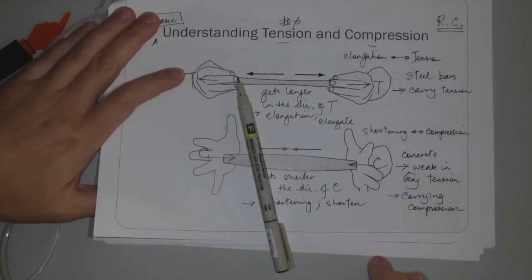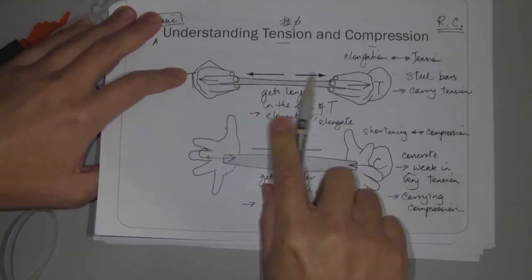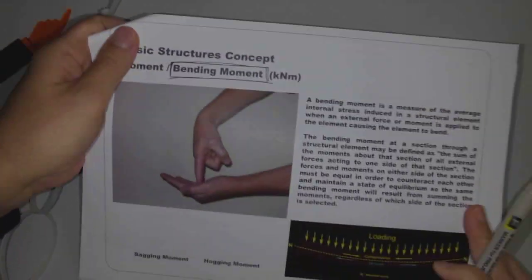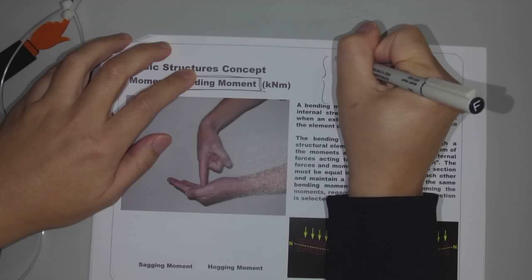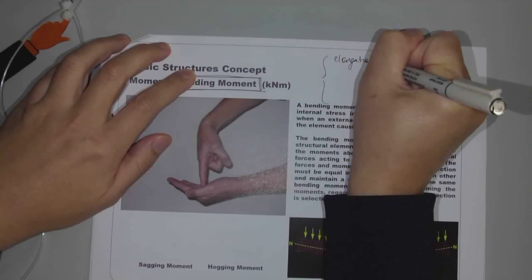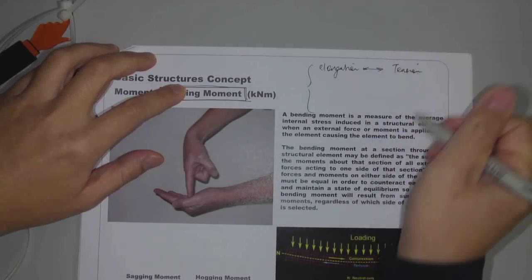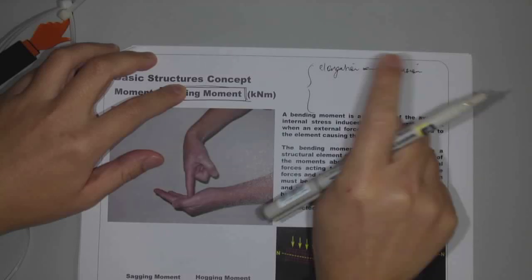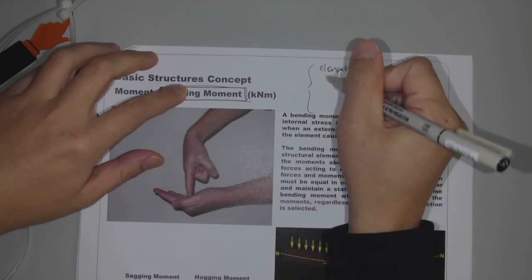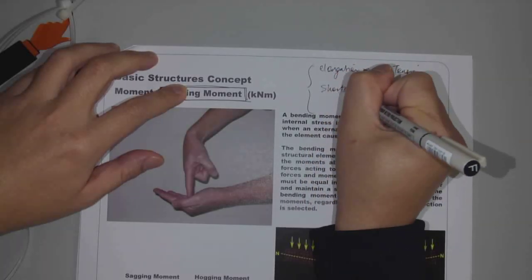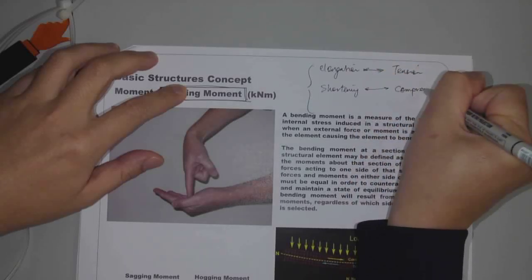Then the next question is, what about if something bends? So this is the third thing that we introduced today. So elongation corresponds to tension. Right? That's what we start with. When something elongates, that's due to tension. When a piece of material shortens, it's due to compressive force, compression.